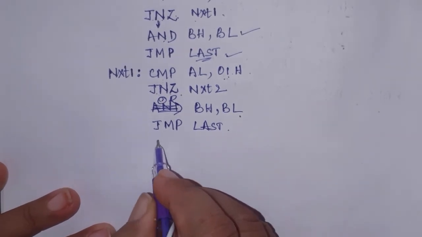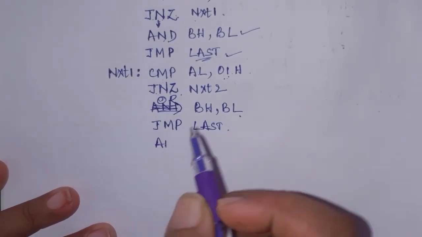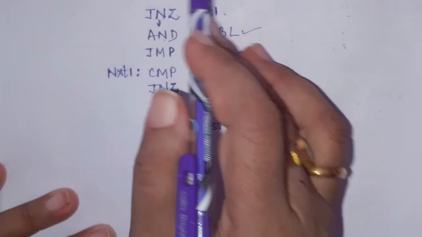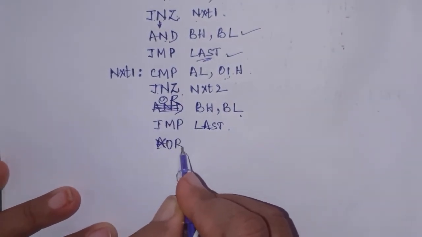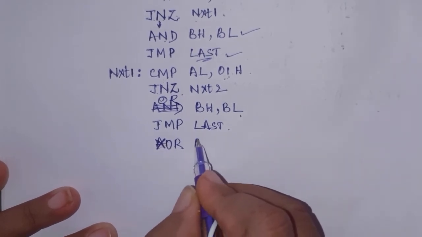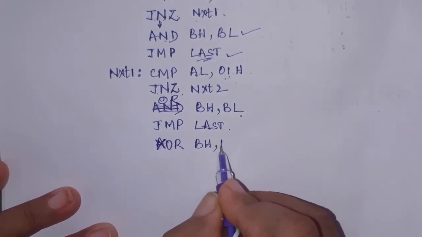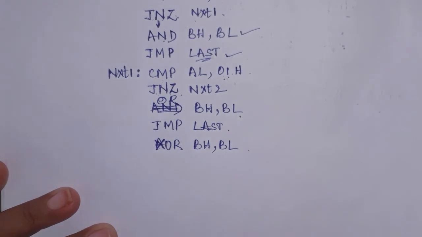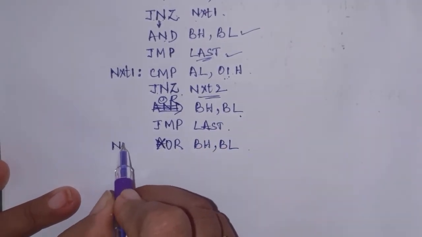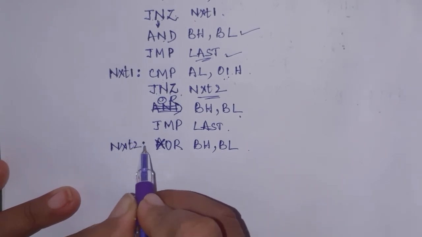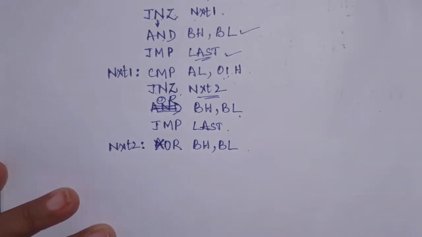So we can write here directly, if it is equal to 2, the operation is XOR BH, BL. So this next 2 will come here, isn't it?